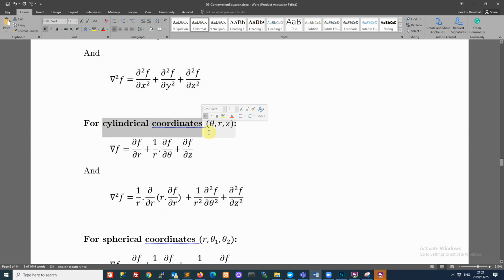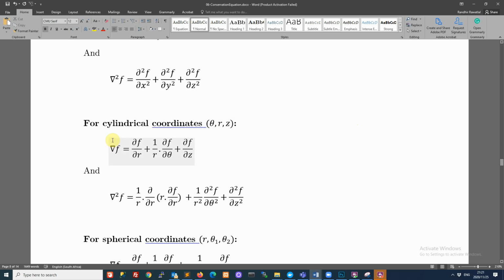So remember when we looked at flow in a pipeline, then we had r and z. We hadn't really talked about theta because there were no changes with respect to angle in those problems. But generally speaking, we could include that as a third dimension.